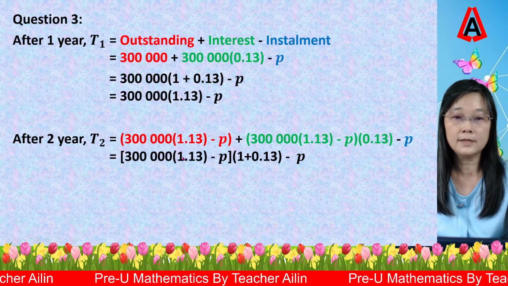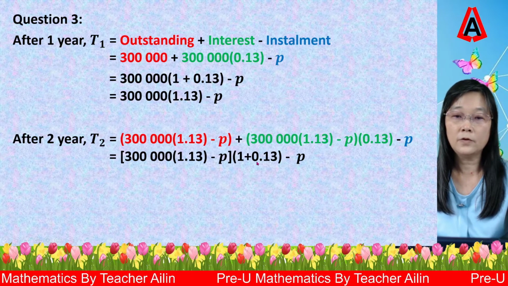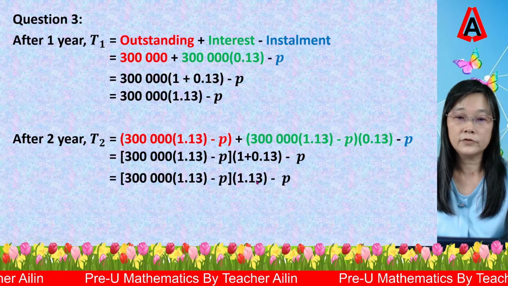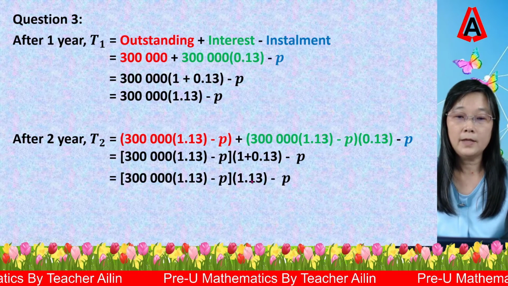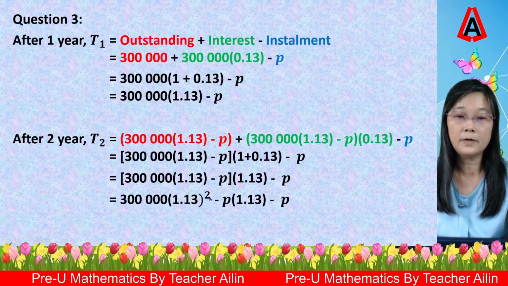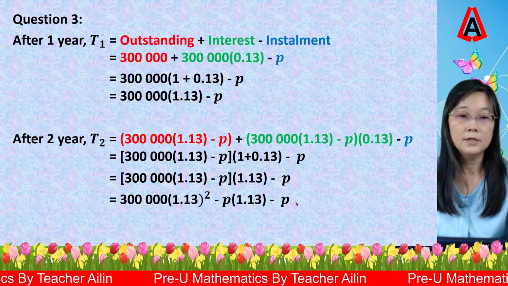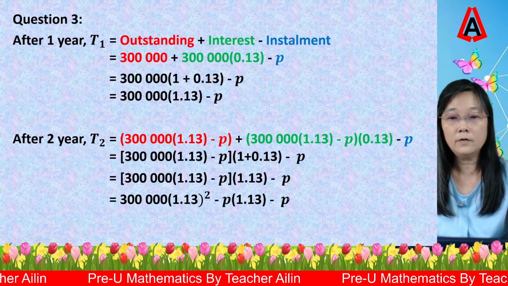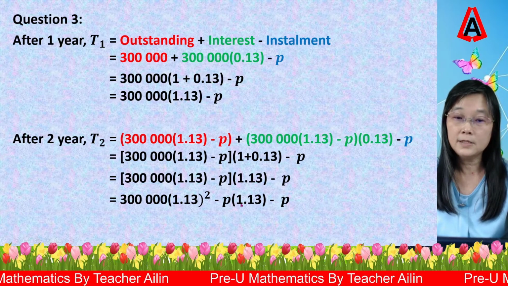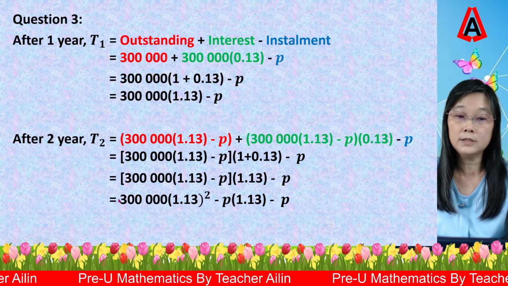So we factorize this money out. Then here we get 1 and 0.13. Then we get 1.13. Then we expand the 1.13. We get 1.13 power 2. Then P times 1.13. So this is the amount of total outstanding at the end of second year, and this will be carried forward to year 3.